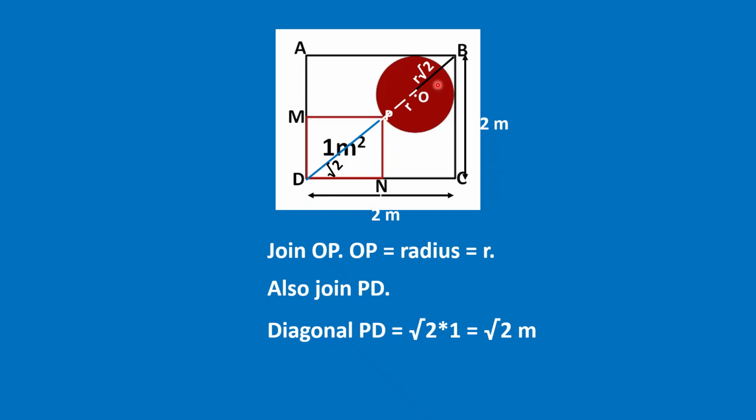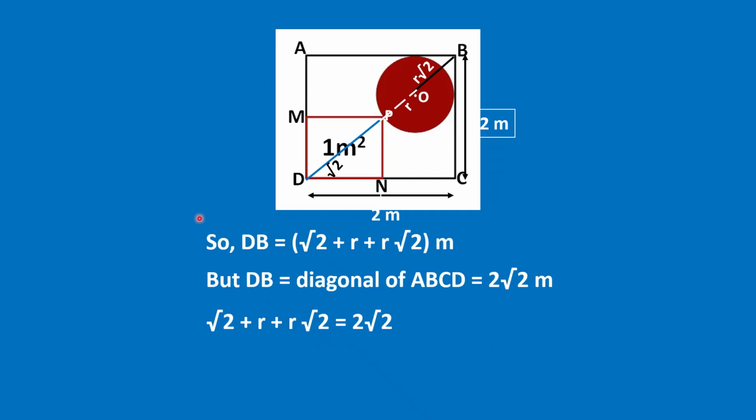So now we can calculate the full diagonal BD, which is made up of 3 segments. The first segment, D to P, is the diagonal of the smaller square, that is root 2. Then P to O, that is the radius R, and O to B, which we calculated as R root 2.